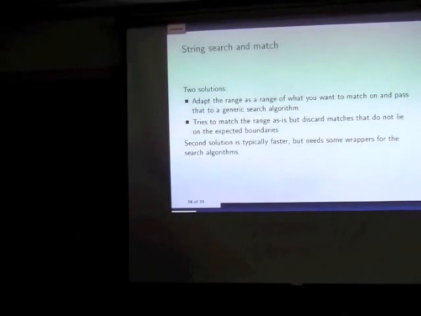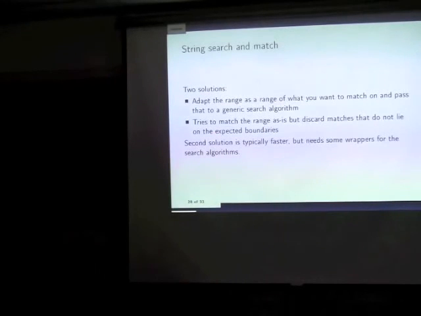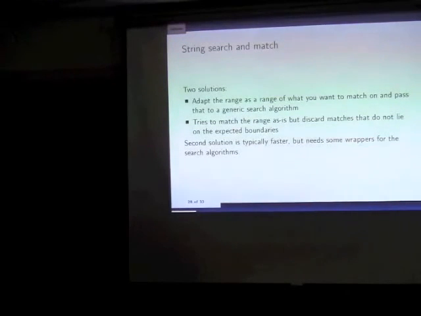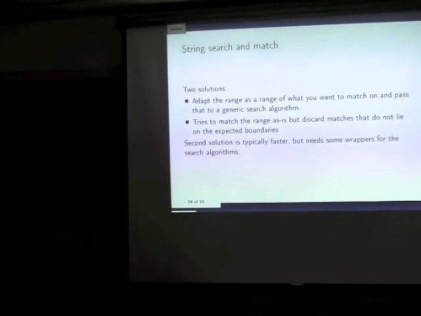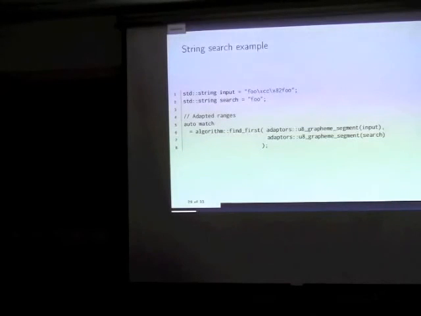What you can do, and that works with most encodings, especially UTF-8, which has very nice properties, is simply work on the code unit level, and the matches you find that do not lie on the right boundaries, you can just discount. We'll see more about that with an example. The second solution is faster, because usually you don't have many position matches in the string you're going to look for.